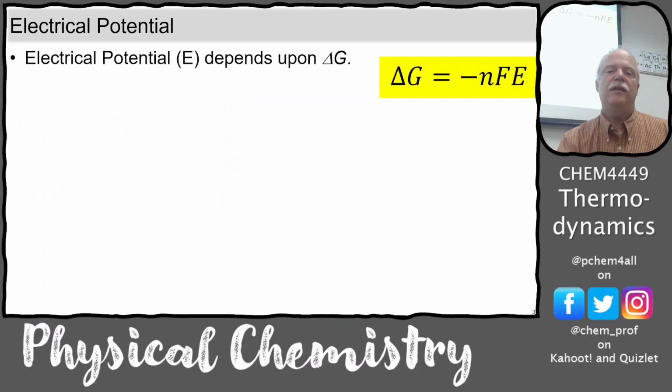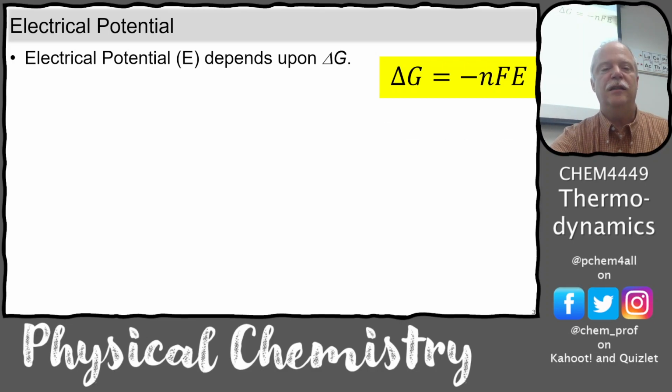So the thing that makes our batteries go is this idea of electrical potential, and it's related to delta G. So this is an equation that you should just have ingrained in your mind, because look at what this does. We're very good at calculating delta G with our reactions. We can do products minus reactants and look at delta G, but now we can get the electrical potential out of that.